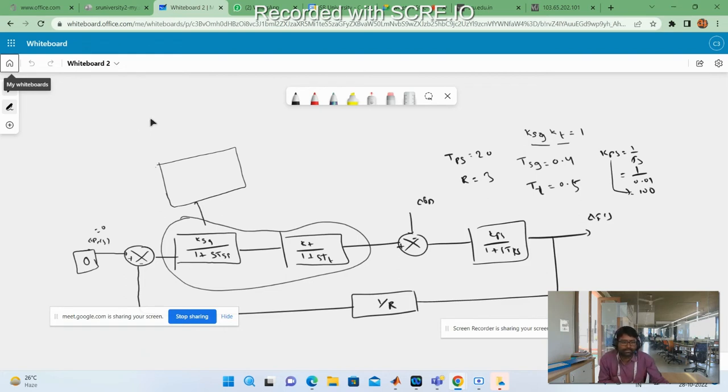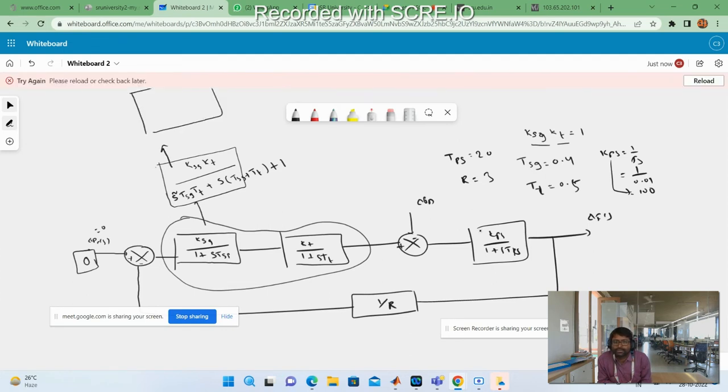KSG into KT divided by S square into TSG into TT plus S into TSG plus TT plus 1, right? So from here, instead of these two blocks, you can represent a single block diagram.